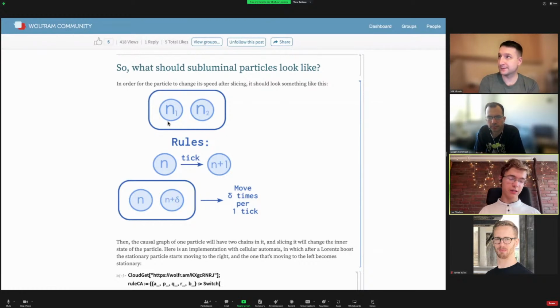And one way of implementing these structures in a natural way is when you have a particle that's bigger and it has a bunch of different events happening chaotically inside the particle, and the events are not all causally connected. So they don't happen on the entire particle, they only happen to a part of the particle.